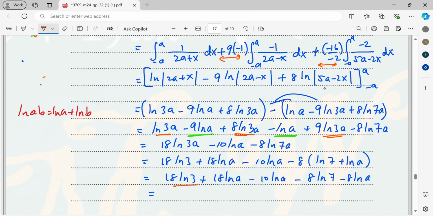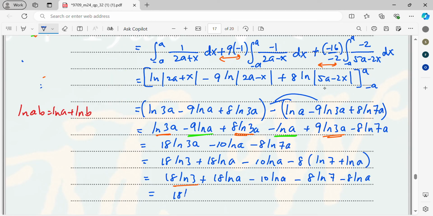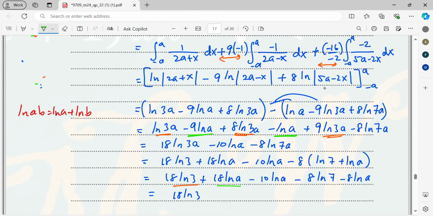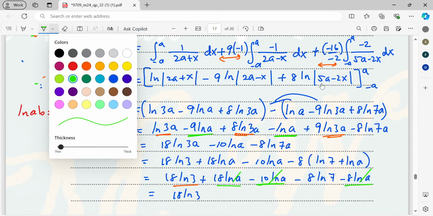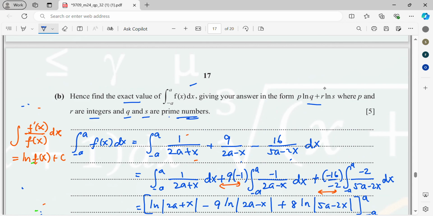So I get one term, 18 ln 3. Now, 18 ln a minus 10 ln a minus 8 ln a, these three terms will be cancelled off. So I will get another term, that is negative 8 ln 7. So 3 and 7 are prime numbers, according to the question.